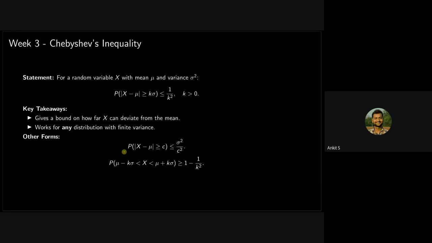Next, based on Markov's inequality, we have Chebyshev's inequality. Chebyshev's inequality can consider both positive random variables as well as negative random variables, and it is more powerful than Markov's inequality, because in Markov's case we only used the mean of the random variable, but we did not use any information about the standard deviation or variance.